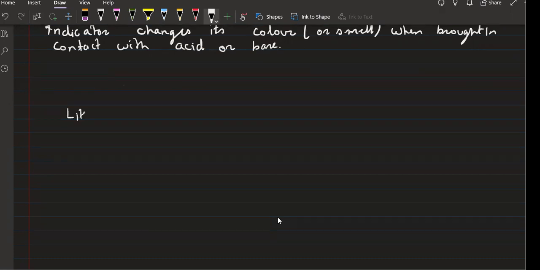Litmus paper. This is acid. This is base. In acid, it is red in color.